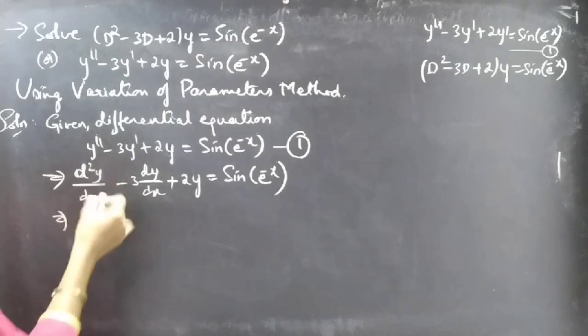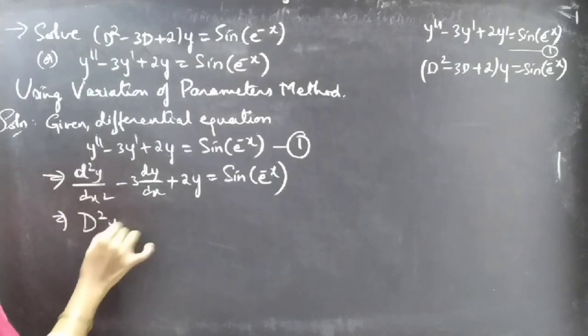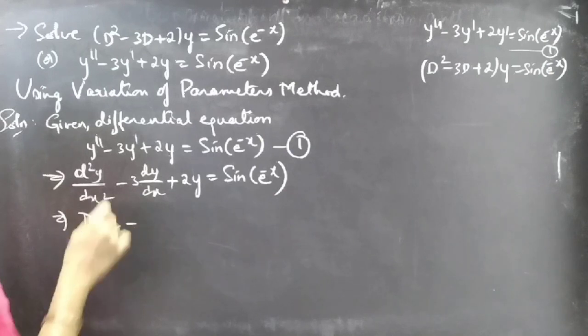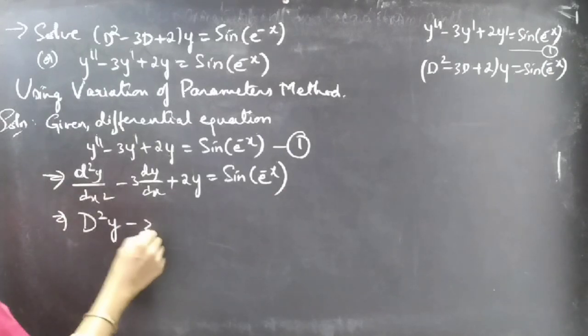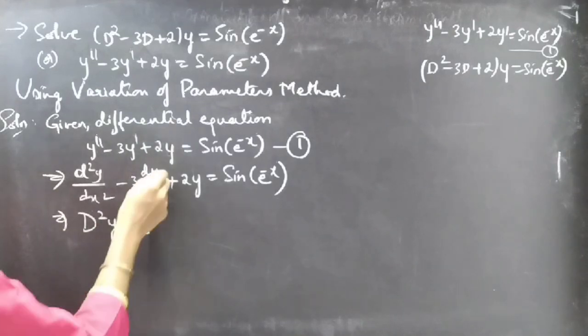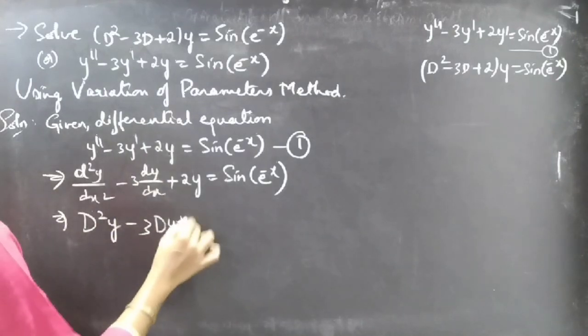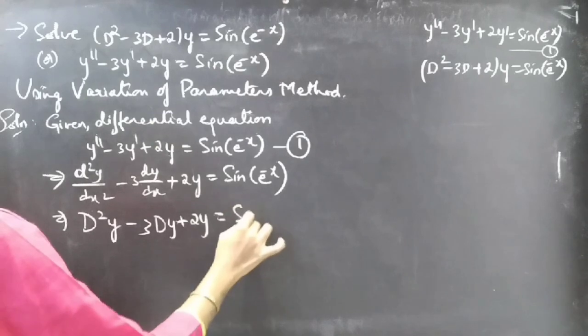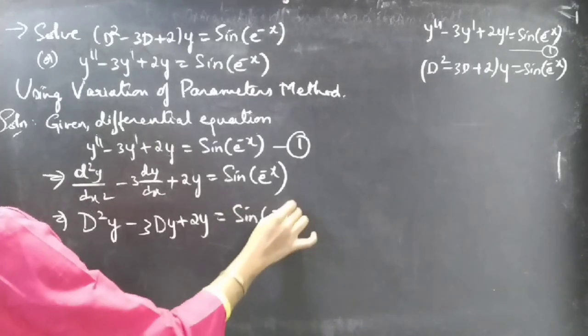Again we can write d square y by dx square as capital D square y, since D is a differential operator. So we get D square y minus 3 Dy plus 2y equal to sine of e power minus x.